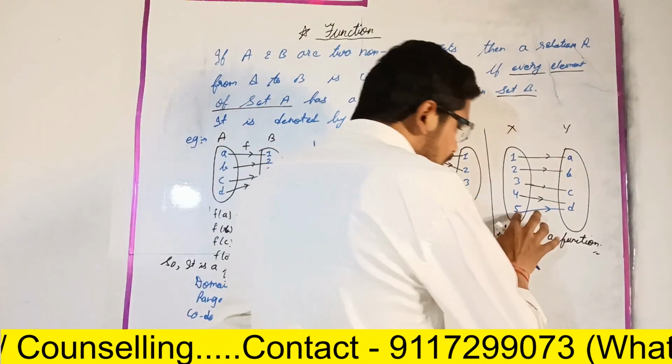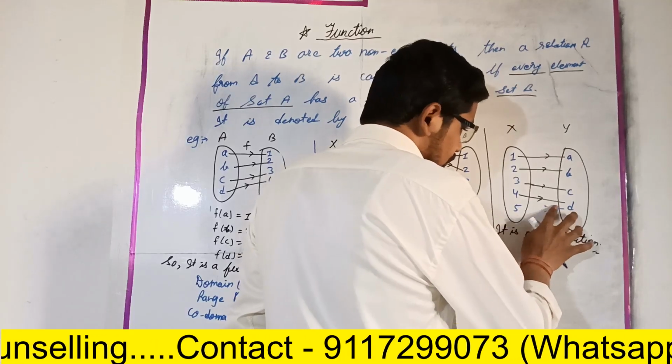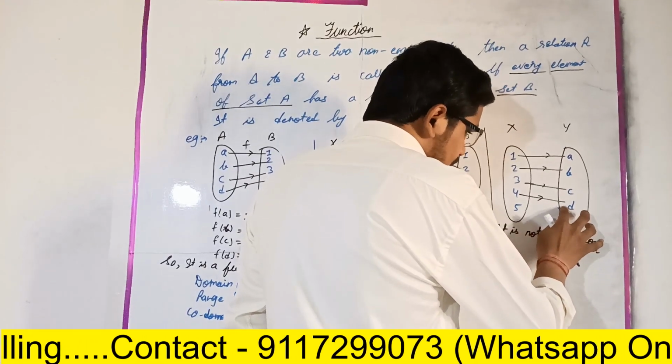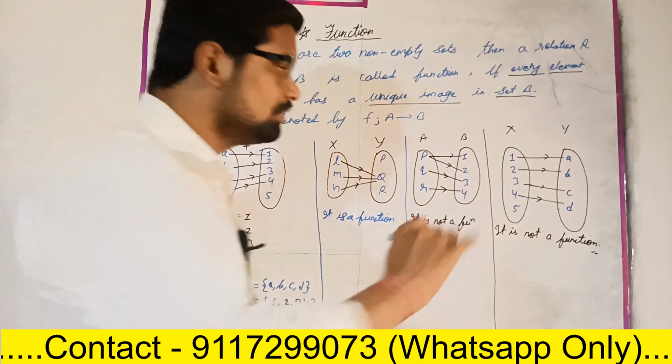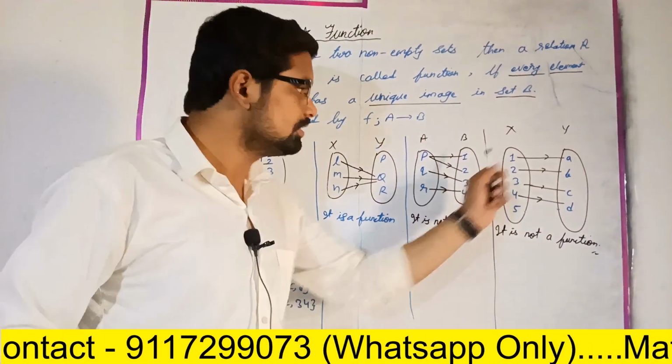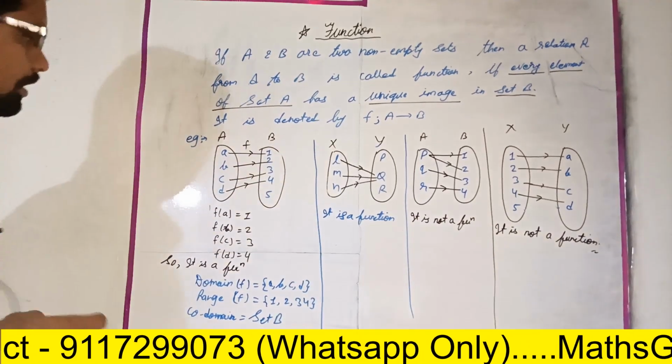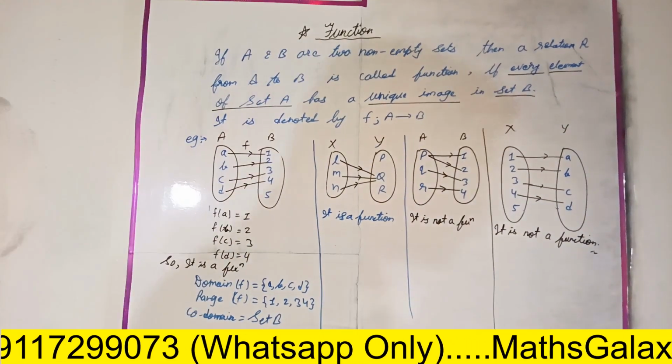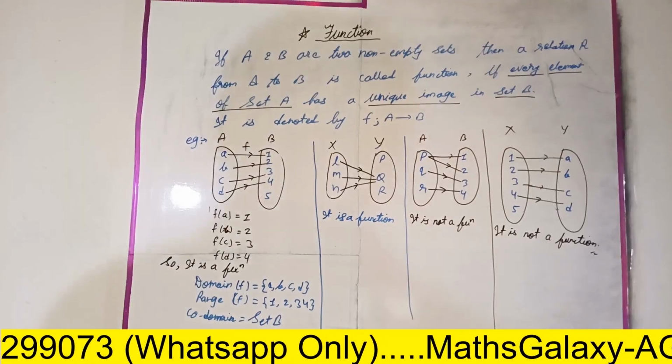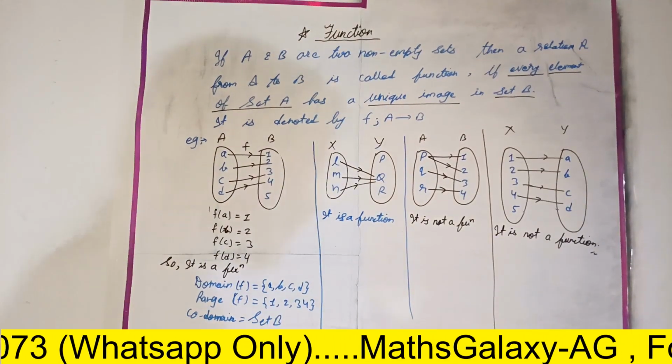So it will be a function. But in this condition, as 5 has no image, it will not be a function. Okay, now note down all these examples. Hope your concepts become clear.